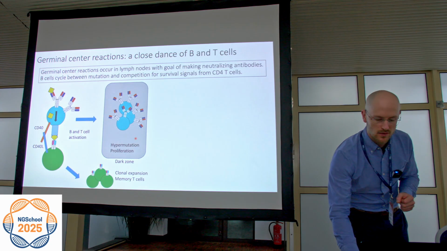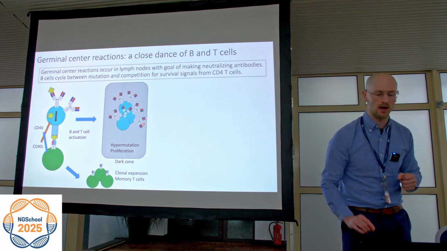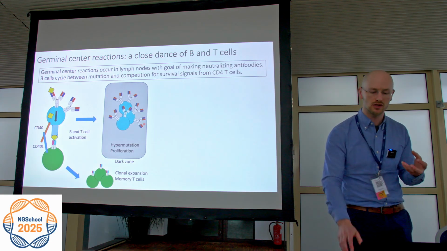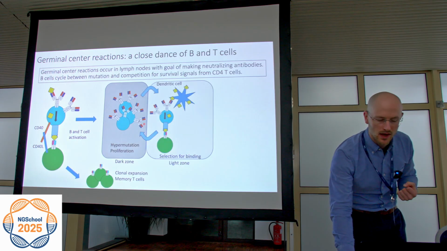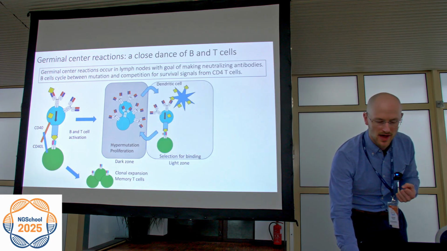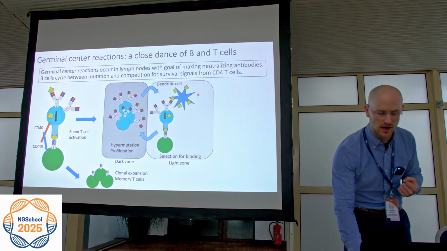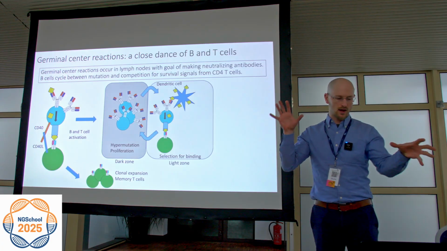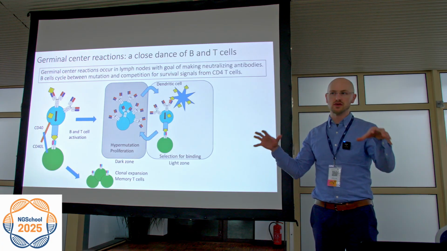And germinal center reactions are composed of a dark zone where you have somatic hypermutation, so this process of rapid mutation and proliferation, and the light zone where you have selection for antigen binding. The way this works is you have dendritic cells, which are these cells that have long arms that are coated with antigen.